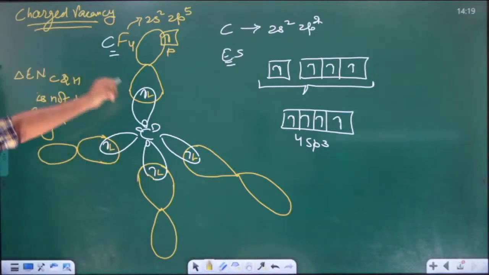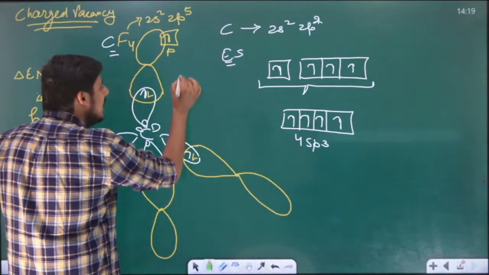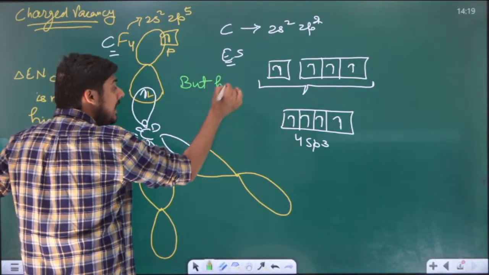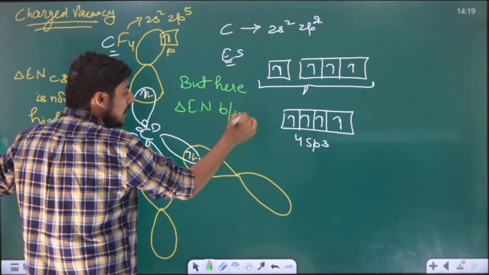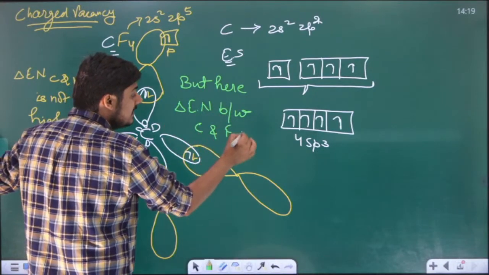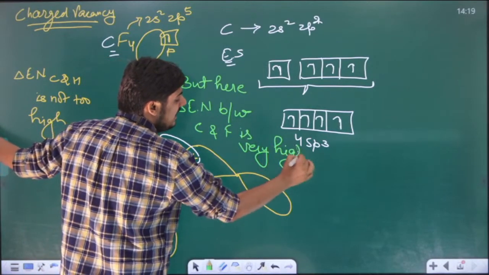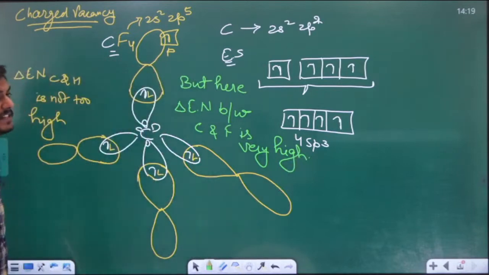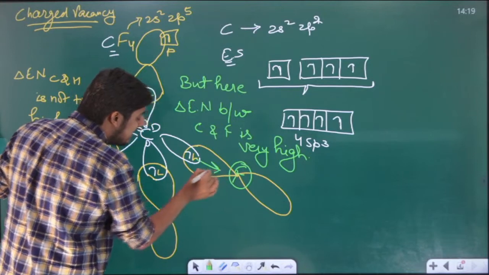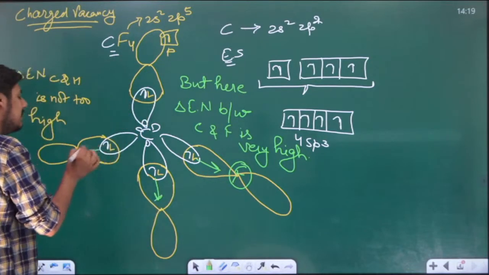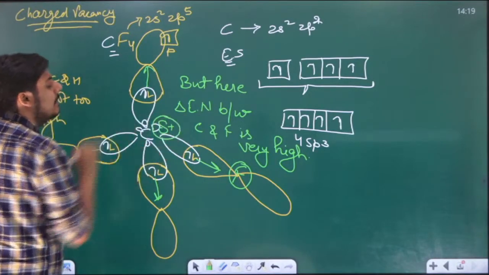Now the octet is also complete, but the key difference over here is that the electronegativity difference between carbon and fluorine is considerably high, and when the electronegativity difference is high, the more electronegative atom will attract this shared pair of electron density towards itself, and that will form a high delta positive on carbon.